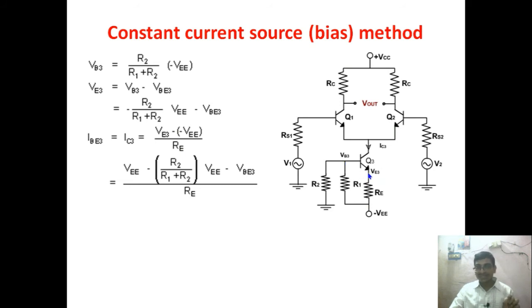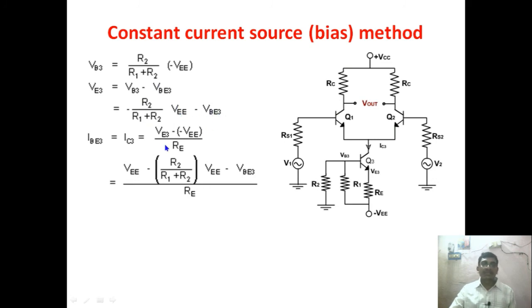Now we know the value of VB3, so we replace it in this equation: VE3 equals minus R2 by R1 plus R2 into VEE, minus VBE3.